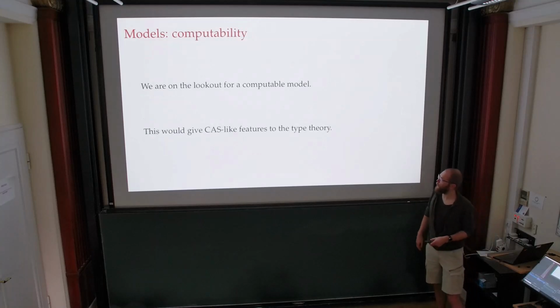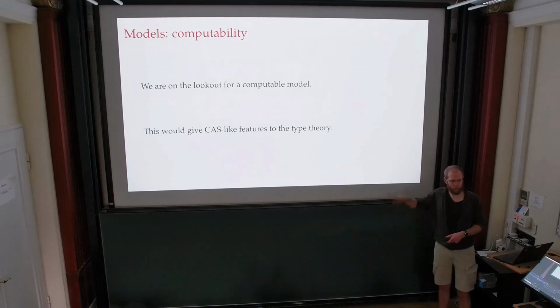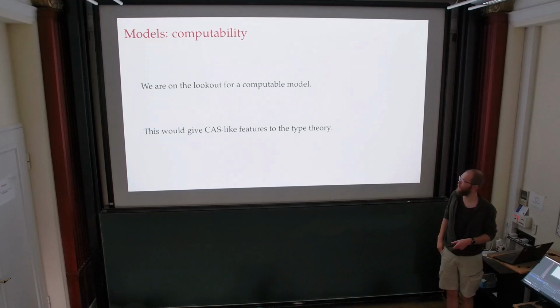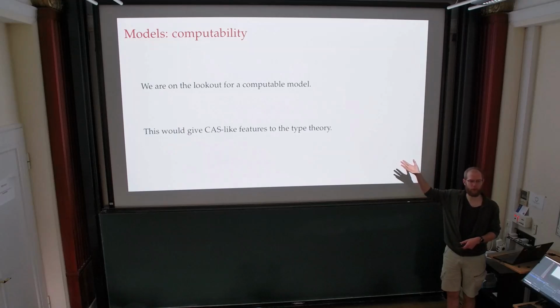We're on the lookout for a computable model because the previous slide is very much extremely classical. But if we can find somehow a computable model, and I think Reid has some ideas there that I don't completely understand yet, then that would allow us to actually realize this dream of getting a computer algebra system for general topology.